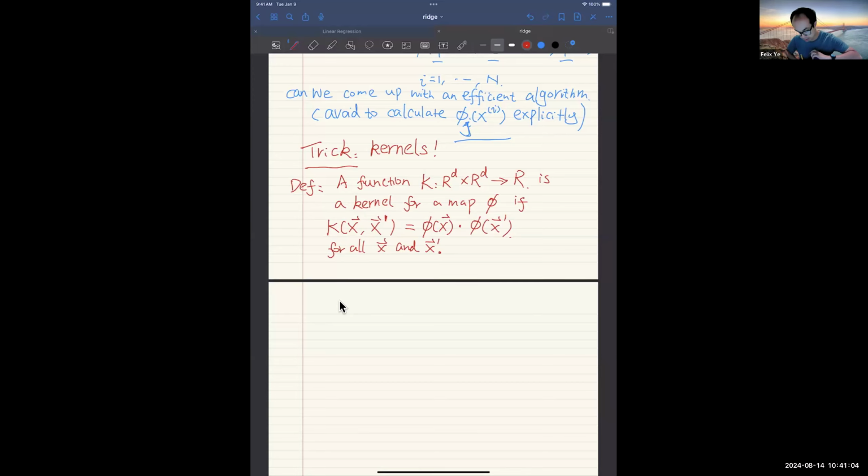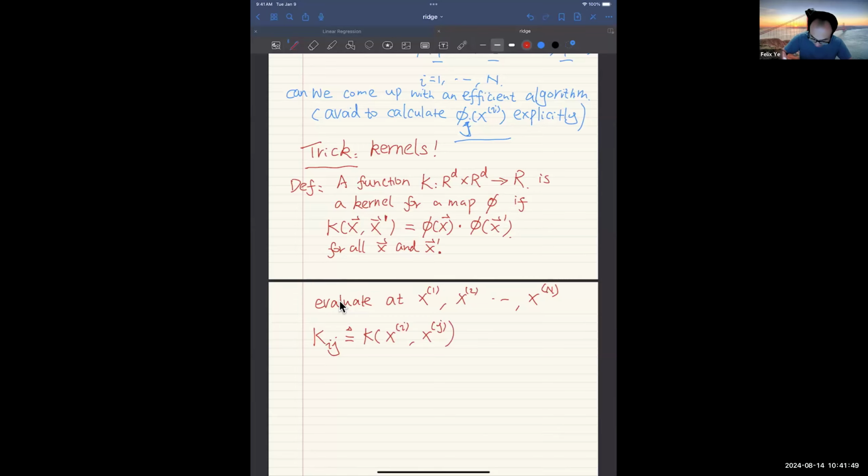So if we think about this k evaluated for all x1 to xn, so if we evaluate at x1, x2 to xn, basically what we are getting is k, I'm going to call K_ij, defined as k evaluated at xi and xj.